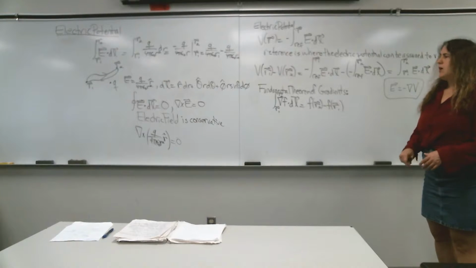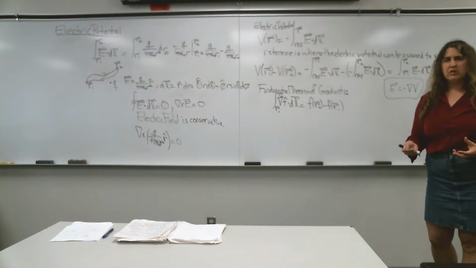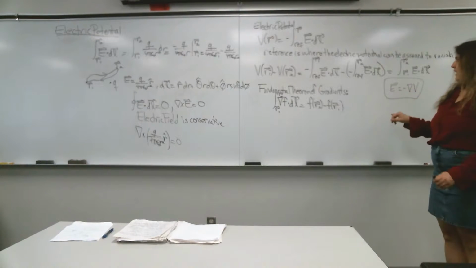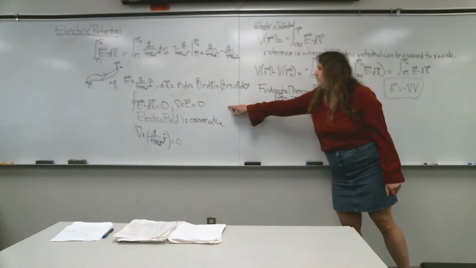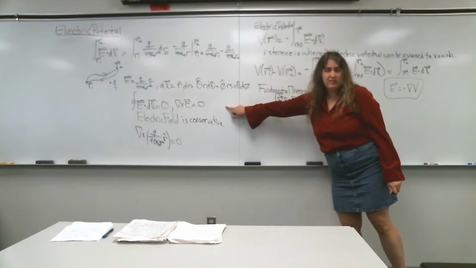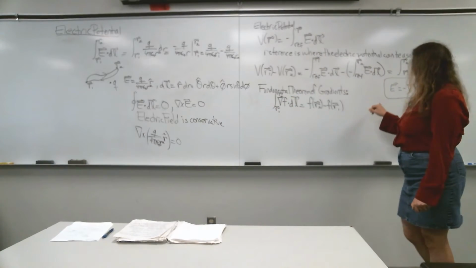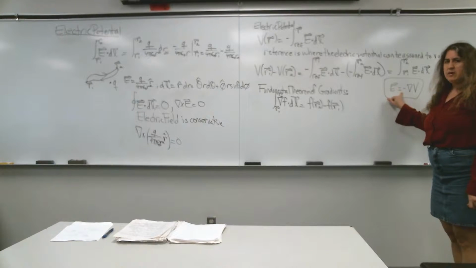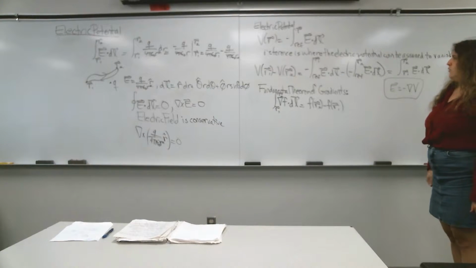But if you remember from vector calculus, whenever you take the curl of any gradient, that has to vanish. So because the curl of this vector equals 0, that tells us the electric field has to have a very specific form: equal to minus the gradient of the potential.